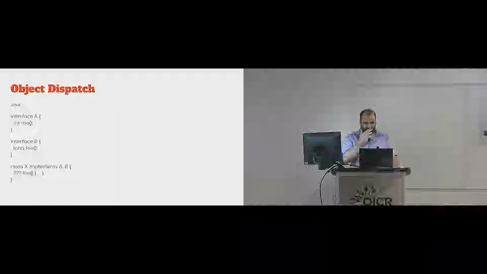Let's do another weird one where object dispatch is a little confusing. So in Java, let's say I create an interface A with a method foo that returns an integer, and an interface B that also has a method foo that returns a long. And then I want to create a class X that implements those two interfaces. What return type can foo have?